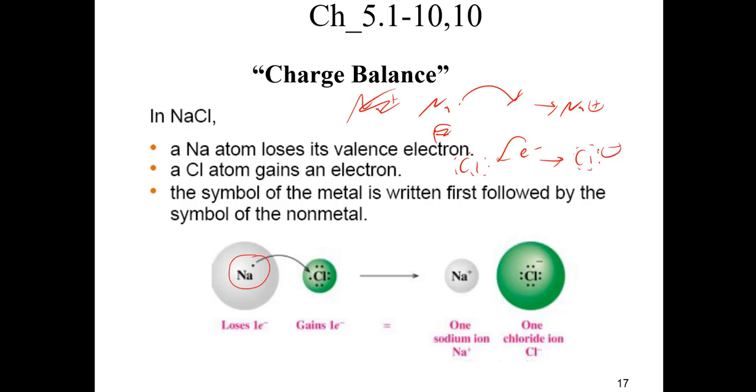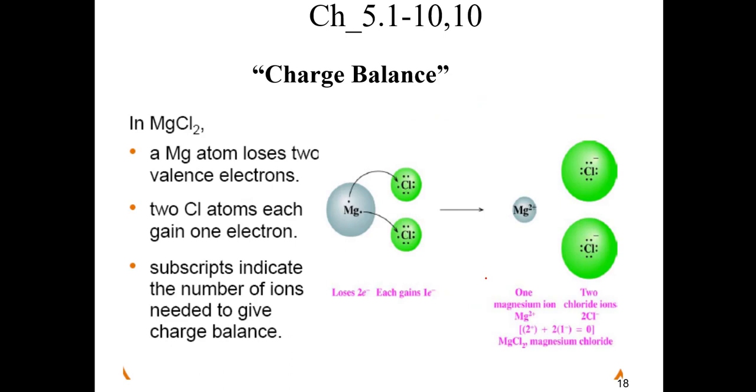What I didn't tell you was these two work in tandem, where when they're close to each other, neutral sodium and chloride do a chemical reaction. They actually shift electrons. It's not a true bond breaking or a bond making, but they do shift electrons. So that electron right there, when it gives off the sodium, is given directly to chloride, and that leaves a sodium that's positive and a chloride that's negative.